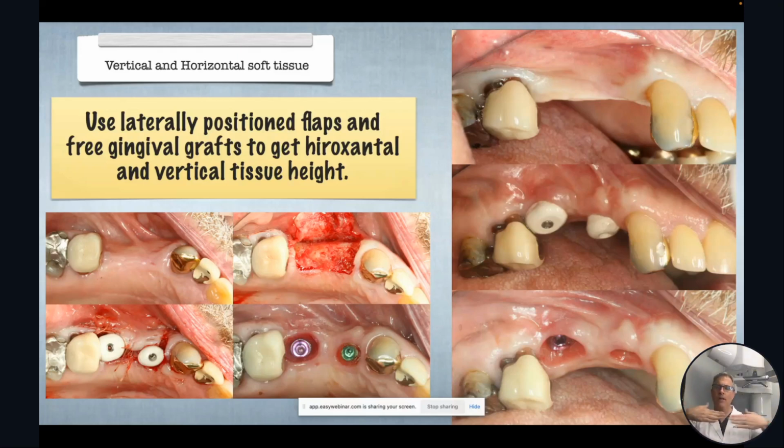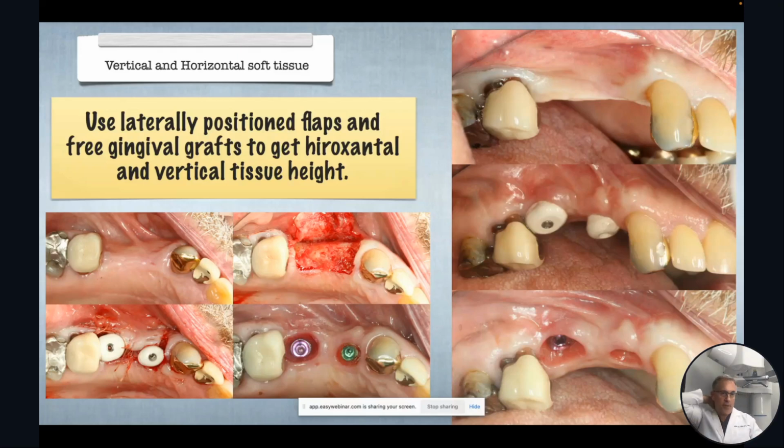Basically, we know that if we lay a flap, we've got to make some sort of a crestal incision, right? And usually we do it on the center of the crest. Well, why not make that crestal incision a little further onto the palatal and take 2 vertical releases and move that tissue to the buccal and apically?